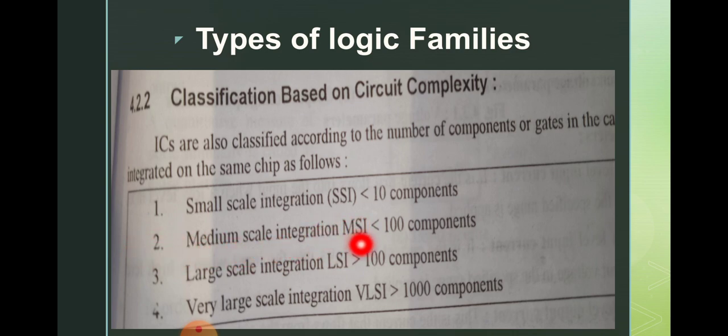And finally we have VLSI, very large scale integration, which has more than 1000 components. Basically, the earlier microprocessors used very large scale integration for their fabrication. So according to the number of components, the logic families or ICs can be divided into these four categories.